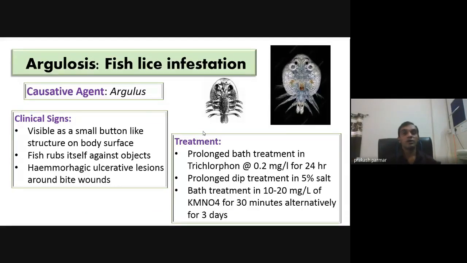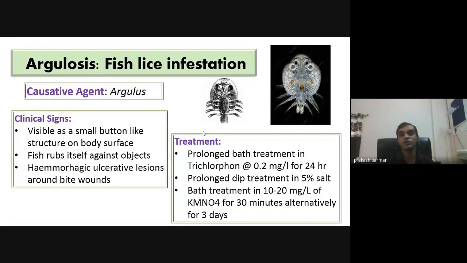Another common one is fish lice infestation, Argulosis. Whenever you see the fishes, you can see white button-like structures on them, and on close observation you can see small parasites attached. The fish try to rub themselves against objects.